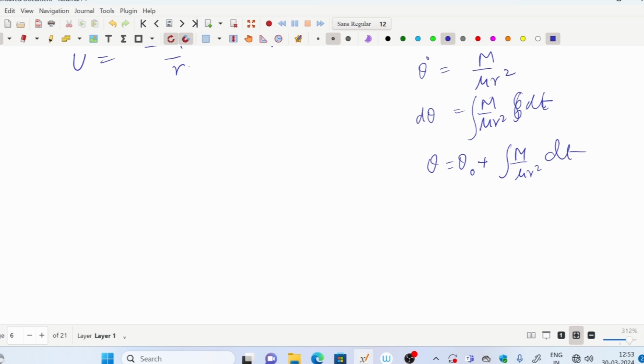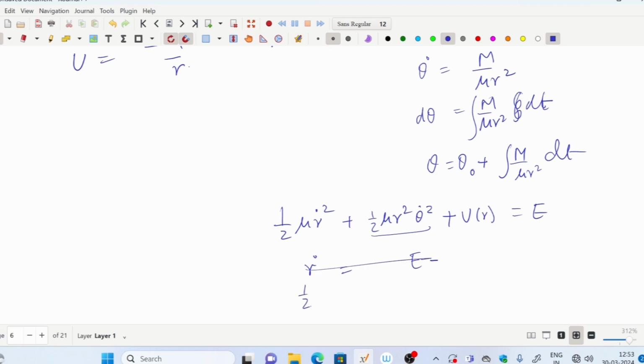conservation of energy. So, conservation of energy was half mu r dot square plus half mu r square theta dot square plus u of r equal to your E. So, r dot is basically E minus... before this line, let me write half mu r dot square, substituting theta dot in terms of angular momentum.